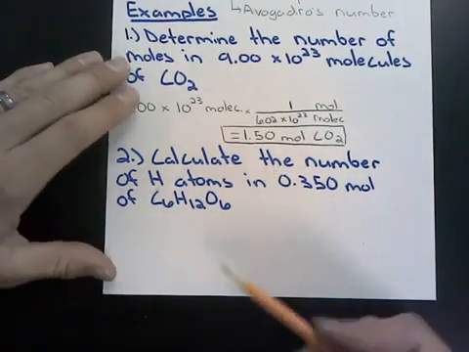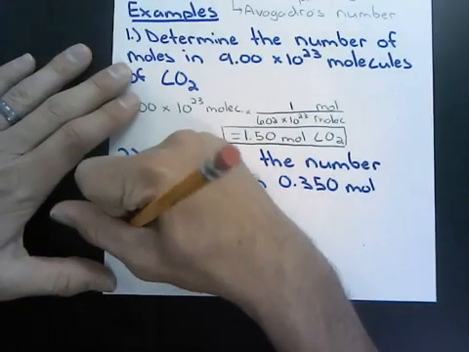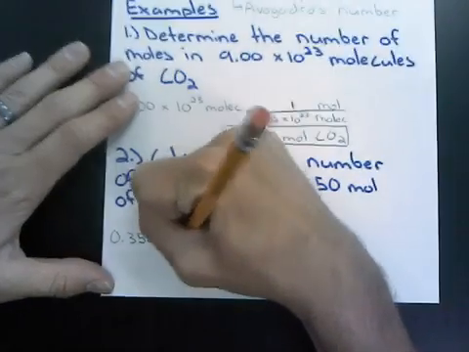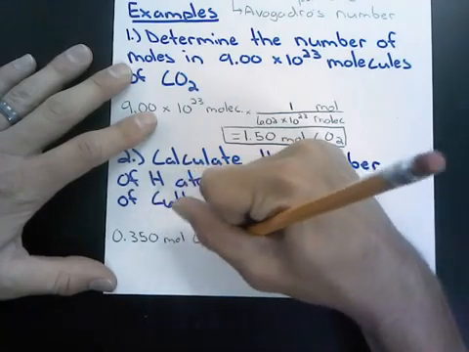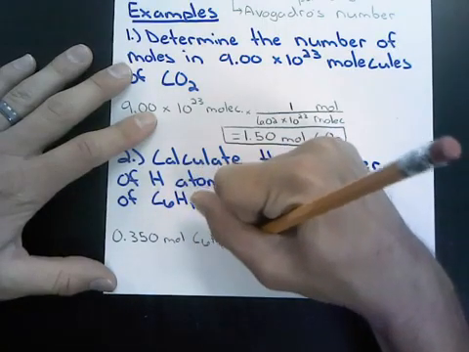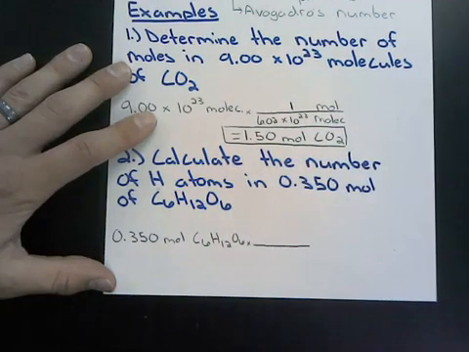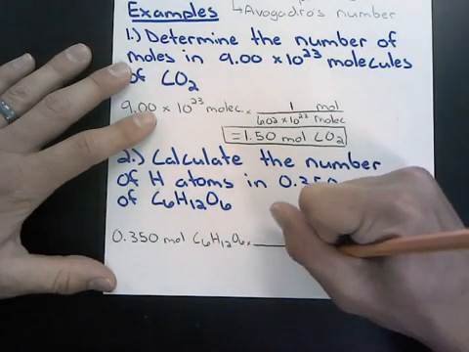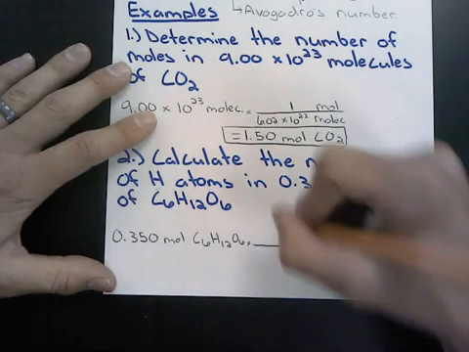So what we do here is we say we have 0.350 moles of this sugar compound, C6H12O6, and we first need to get it into molecules. So we need to cancel out moles on the bottom, and on top we can get it into our molecules.